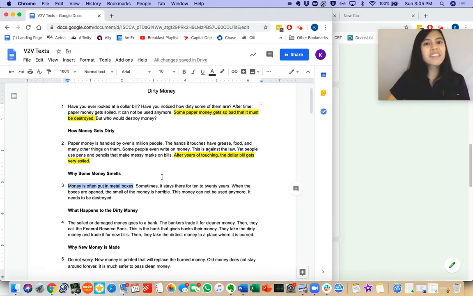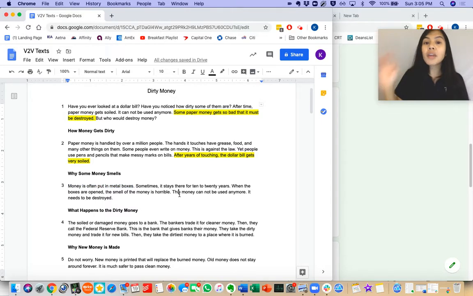Do I think that that's an important detail to the rest of the text? Is this the topic sentence of this paragraph? No, it just tells me what happens to money.